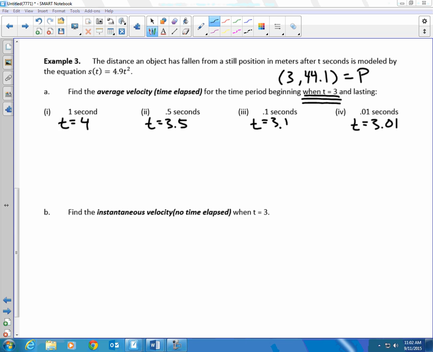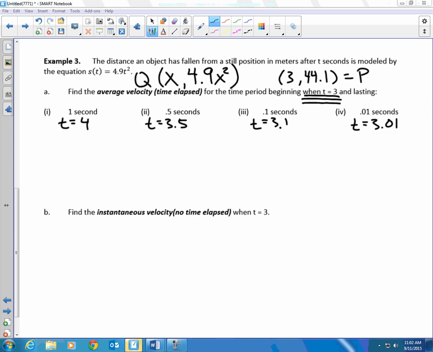So we have P is (3, 44.1), okay? What would Q be? We choose an x value, and in order to get the y value, what do you do? You plug it in. And when you plug x into this, you get 4.9x squared. Very good.